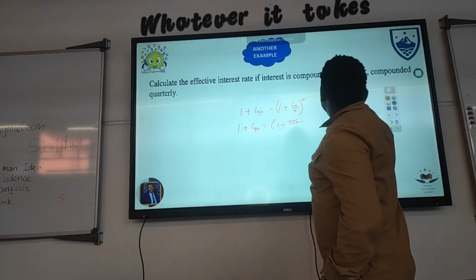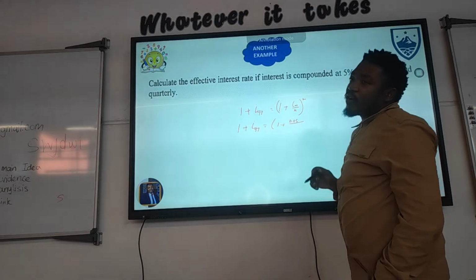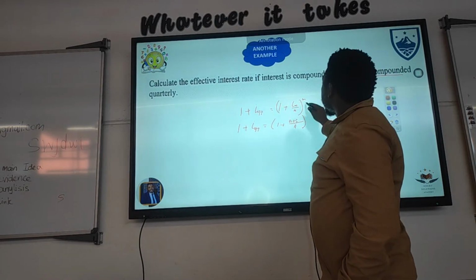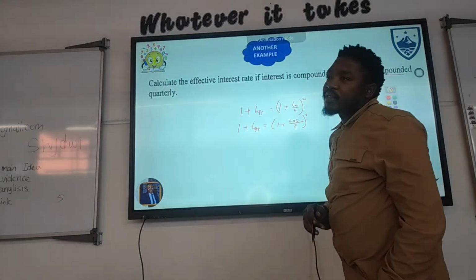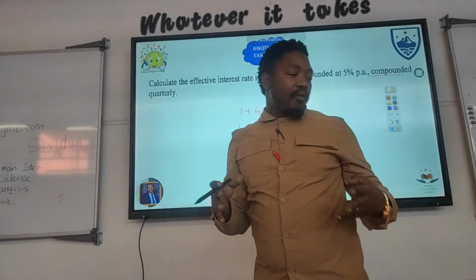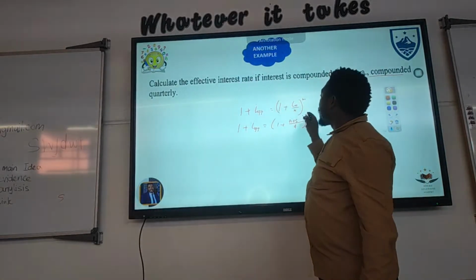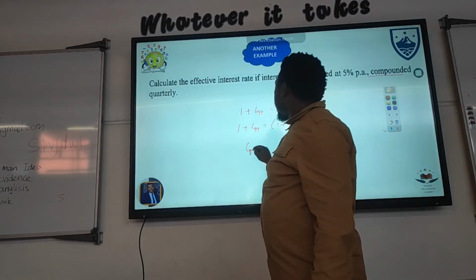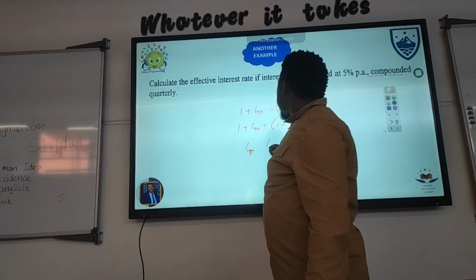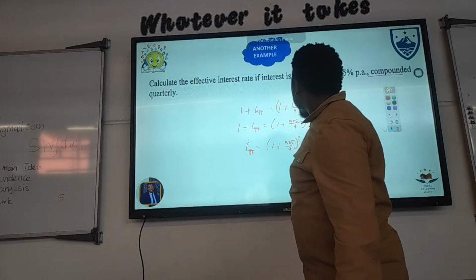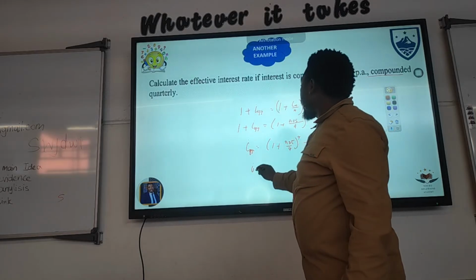And then remember, it was compounded quarterly, so it is divided by 4, and then m will just be 4, because in a year, how many quarters do we have? We actually have 4 of them, so hence we're dividing by 4 and also raising to the power of 4, and then our effective interest will simply be 1 plus 0.05 over 4 to the power of 4 minus 1.